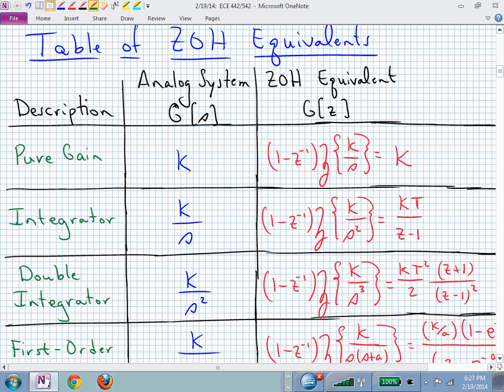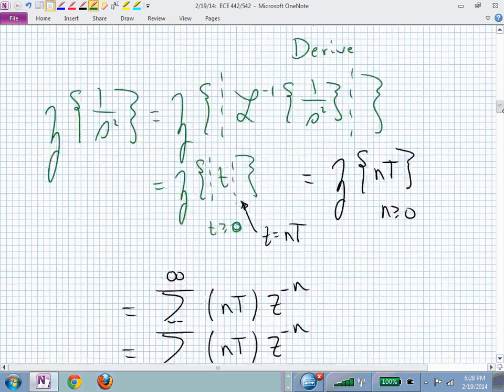These are the zero order hold equivalent of those blue items. So if you take the double integrator and find the zero order hold equivalent, that's going to give you this expression on the right. Meaning, if we simply need the z transform of an integrator, not the zero order hold equivalent of an integrator, that's just going to give us the k. And that's, I hope, what we ended up with here.